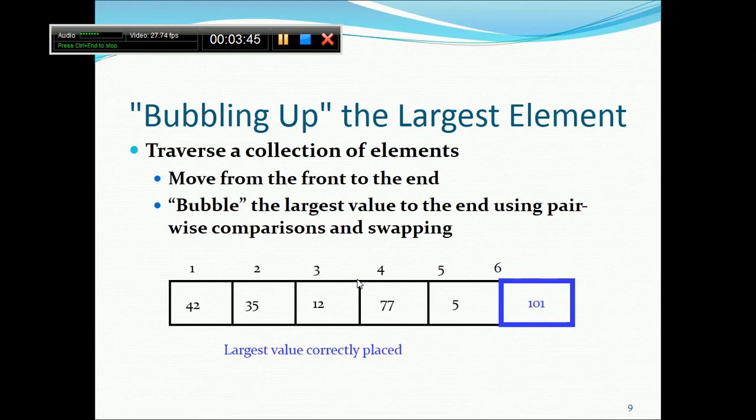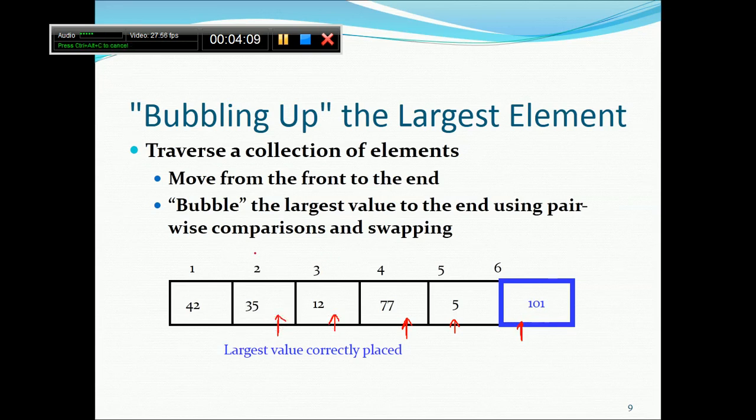I am repeating again, every time you are fixing the maximum. You have placed the first maximum after one iteration, second maximum after second iteration, third maximum after third iteration, fourth maximum after the fourth iteration, and the fifth maximum after fifth iteration.